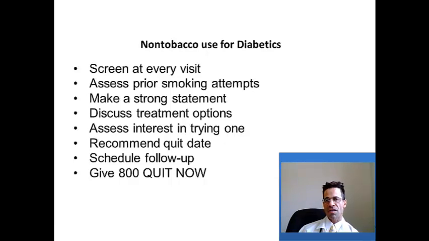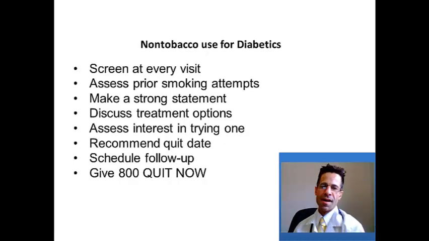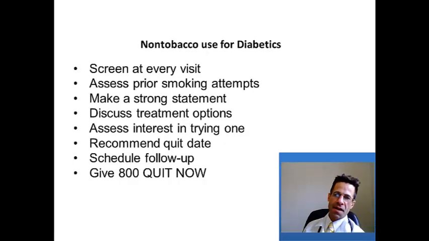I find that this strategy is more effective than assessing someone's readiness to quit, because if the patient thinks there's a lot depending on them to quit, or that you're going to be upset with them if they don't quit, then they're less likely to be ready.